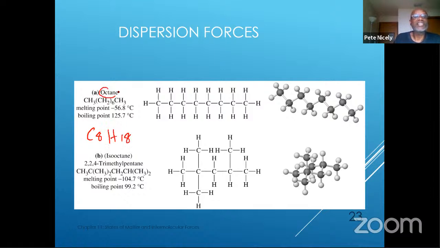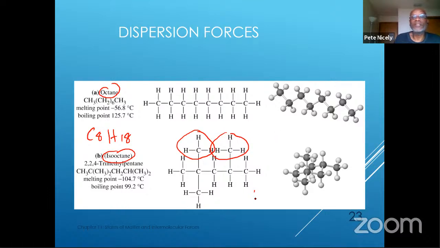So one of them is octane and the other one is known as isooctane, all right? And if you compare their structures, in this case, you have basically a chain of carbon atoms in sequence, all right? And then in this case, you have 1, 2, 3, 4, 5 carbon atoms in sequence, and then you have branching off the chain, and these branches consist of CH3 units, all right?